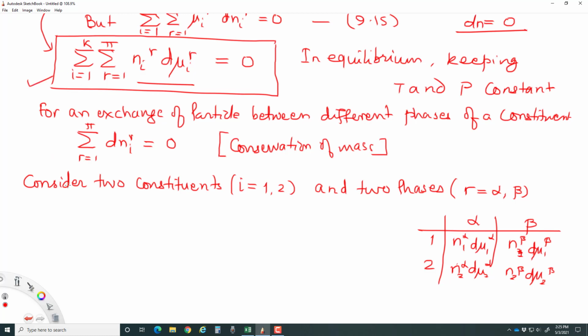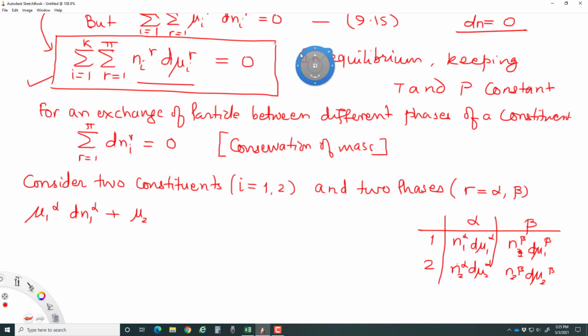Just a second. Here let's not use this one, but let's consider this equation.